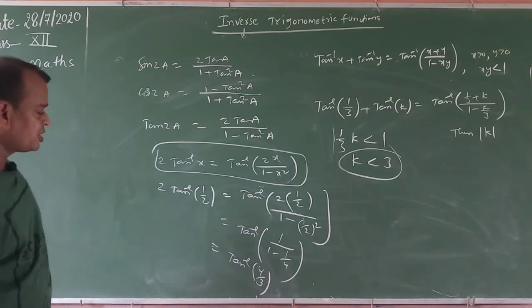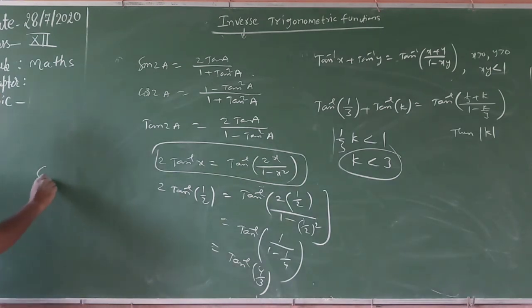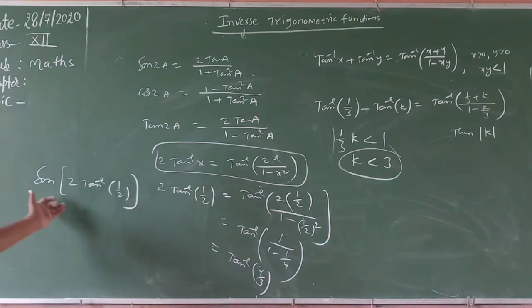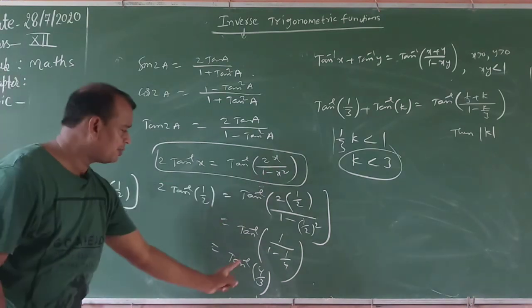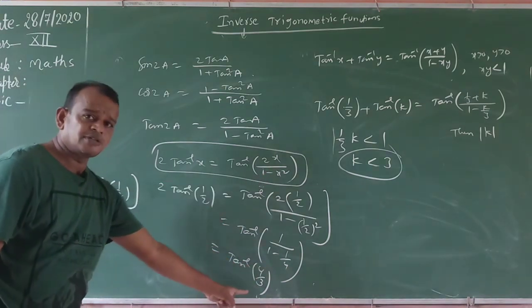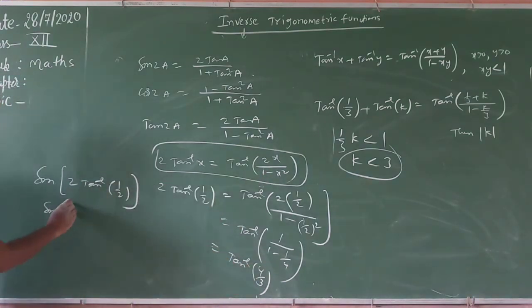Suppose in the examination, the same question asks for sin of 2 tan inverse of 1 by 2. Don't confuse. What is 2 tan inverse of 1 by 2? Already you know the formula: tan inverse of 4 by 3. That equals sin of tan inverse of 4 by 3. But here sin is there, and tan is there.